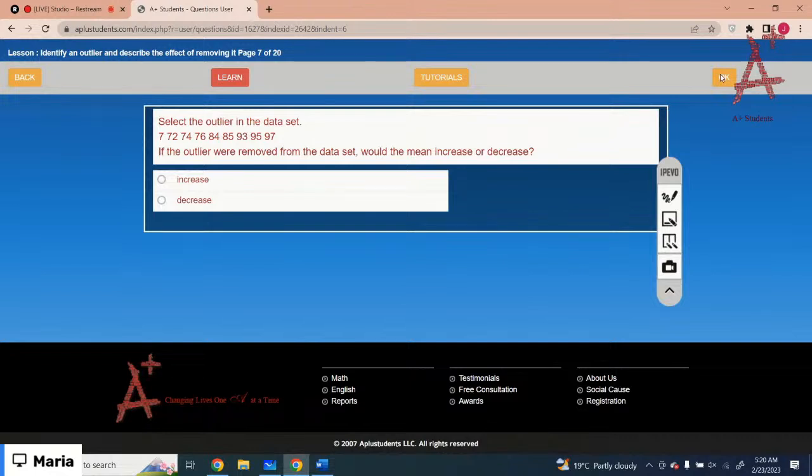Got it? Because the rest of the numbers are two-digit numbers. Only 7 is the one-digit number. So 7 is the outlier. When you remove a smaller outlier, the mean is increased. Got it?